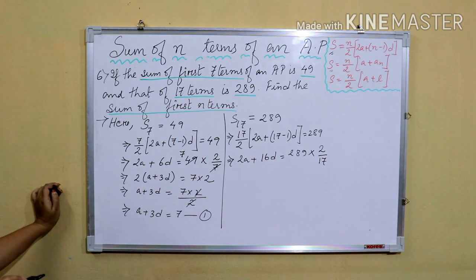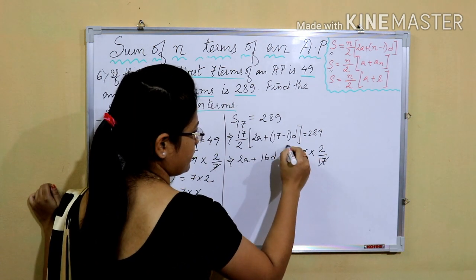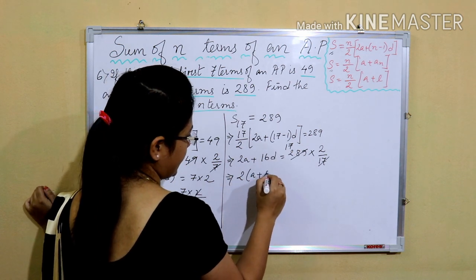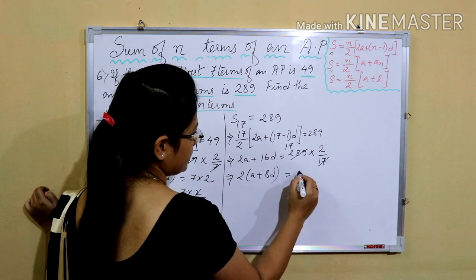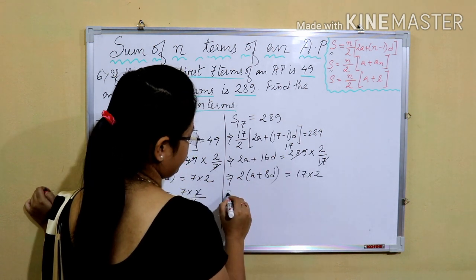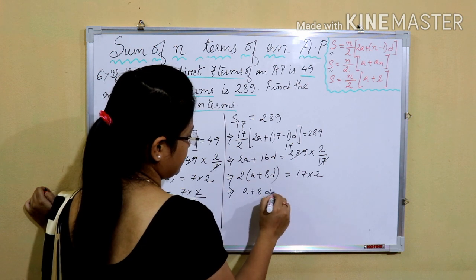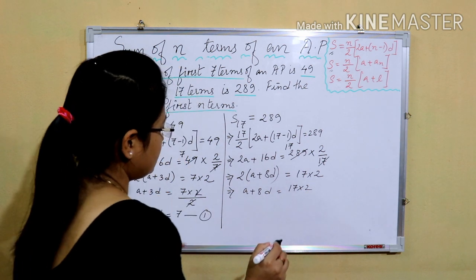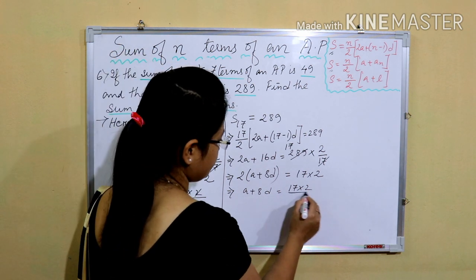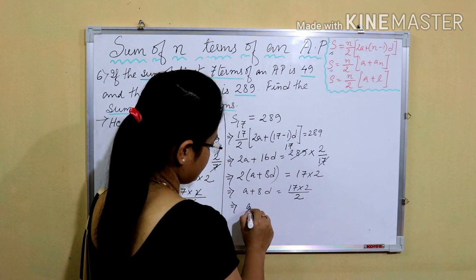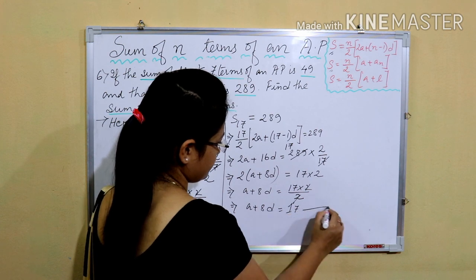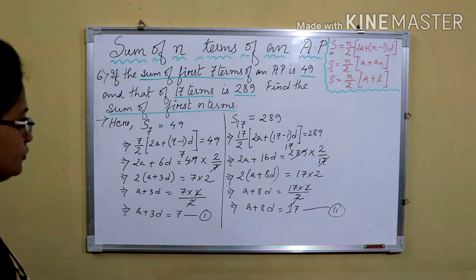And 17 square, if you remember, is 289. So that means 17 into 17. 2, the same we will take common, a plus 8d, 2 8s are 16, 17 into 2. So a plus 8d equal to 17 into 2, and if this 2 goes to the right hand side, it will be divided. So a plus 8d equal to 17. This is equation 2.